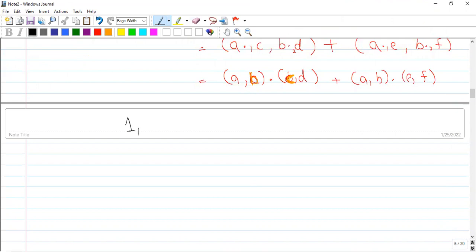Okay, one more thing: since I am assuming that both are rings with unity, let's say this is a unity of R1 and this is a unity of R2, then this element (1 of R1, 1 of R2) is a unity of the direct sum.